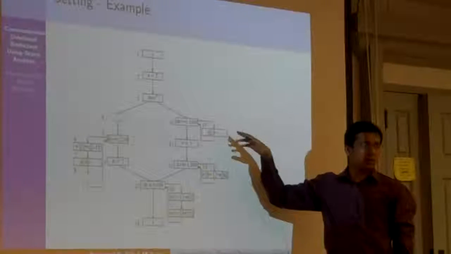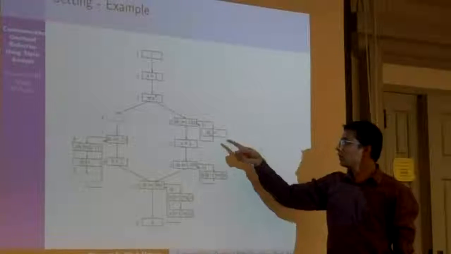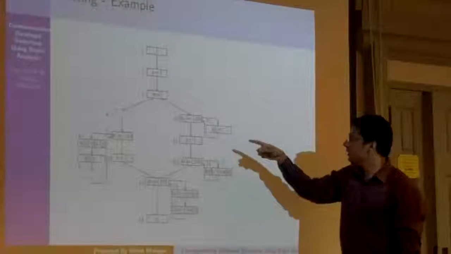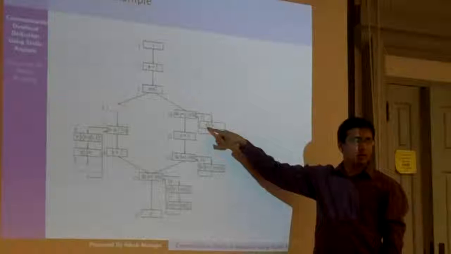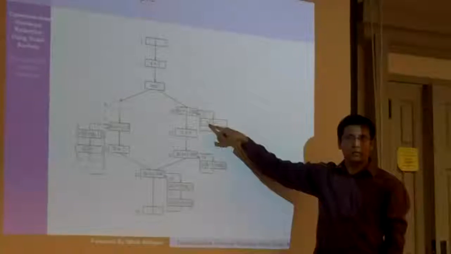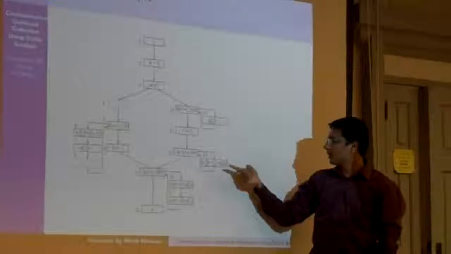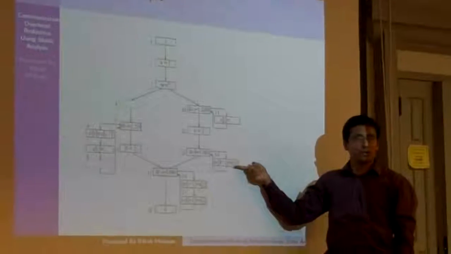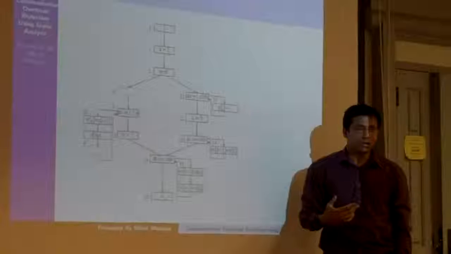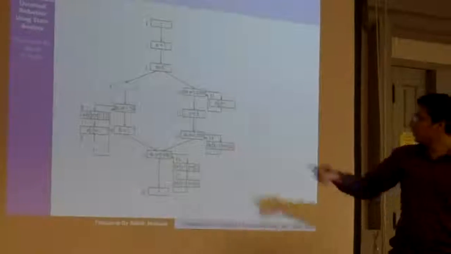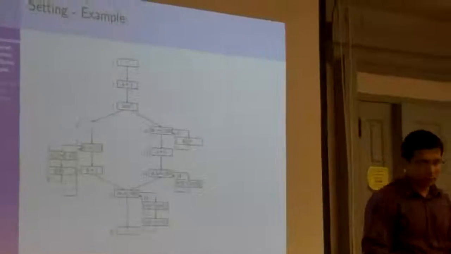There are many processors. Where does this get executed? What you assume is the processor that owns x here will do the computation, and these values which are being referenced will come from other processors. That is the owner computes rule. The one who owns this will actually do the computation.